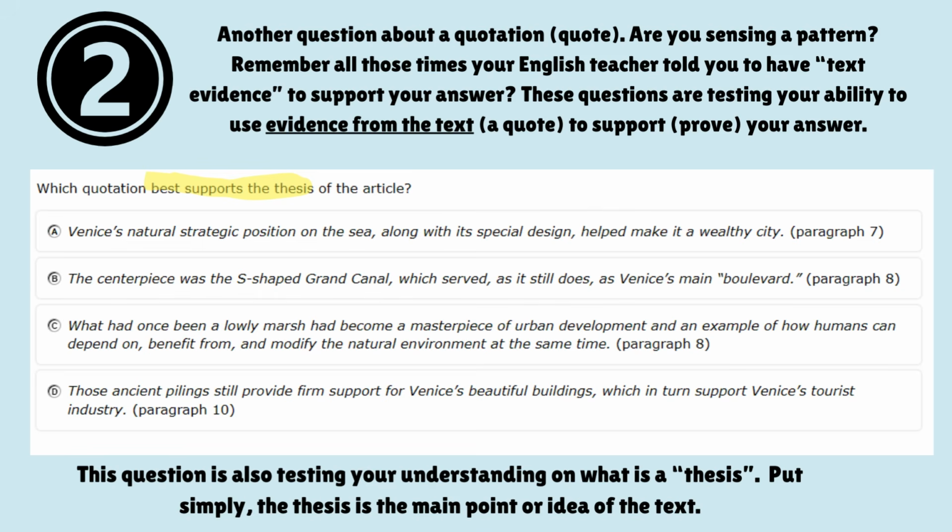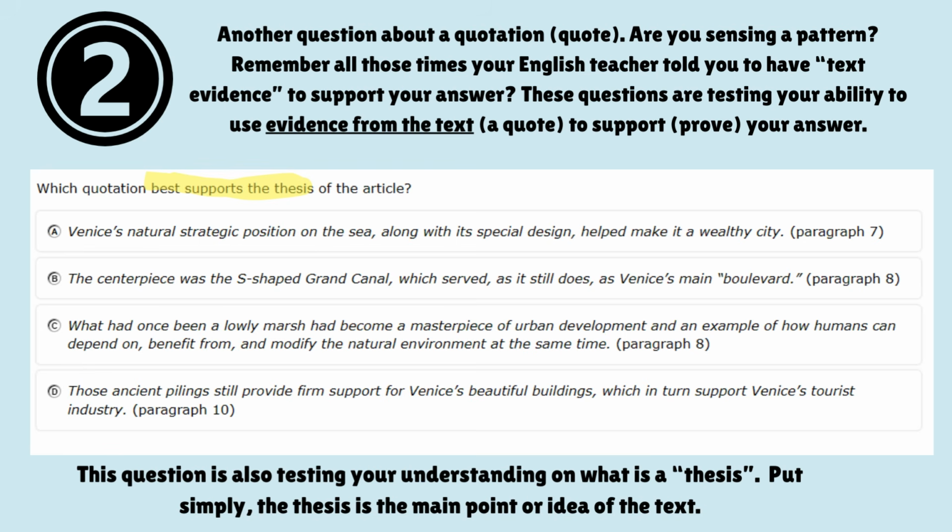C, what had once been a lowly marsh had become a masterpiece of urban development and an example of how humans can depend on, benefit from, and modify the natural environment at the same time, paragraph 8. D, those ancient pilings still provide firm support for Venice's beautiful buildings, which in turn support Venice's tourist industry, paragraph 10.